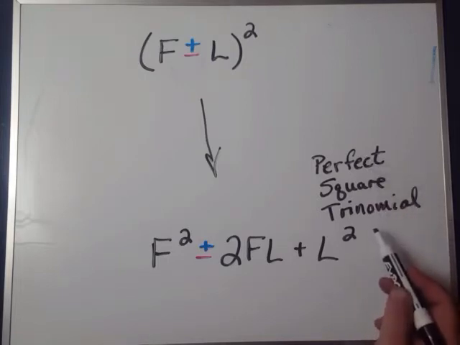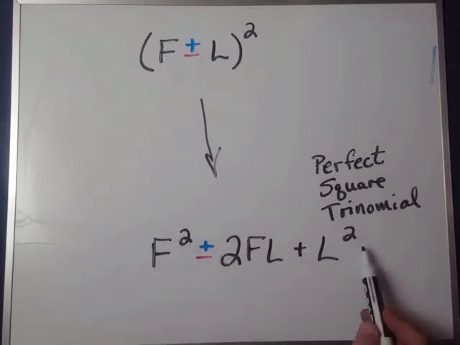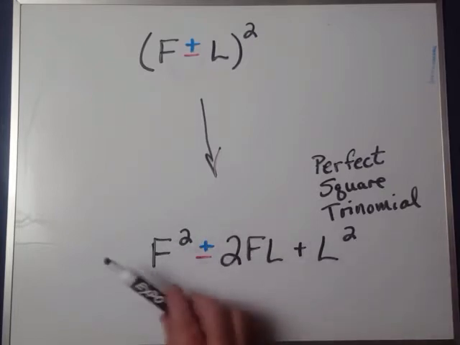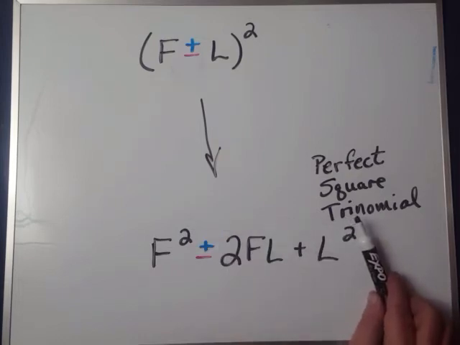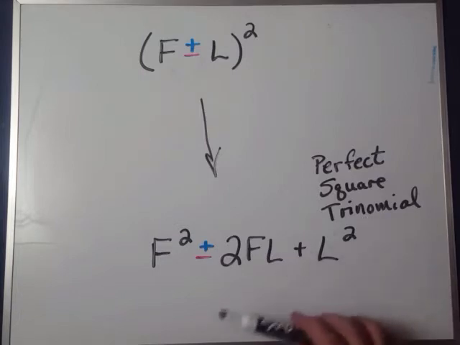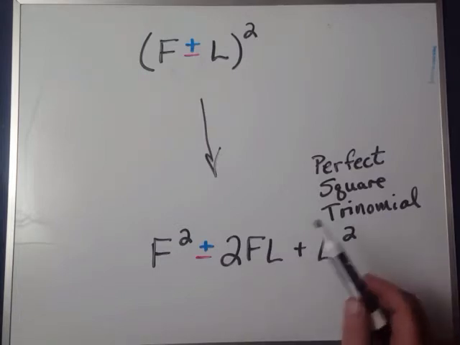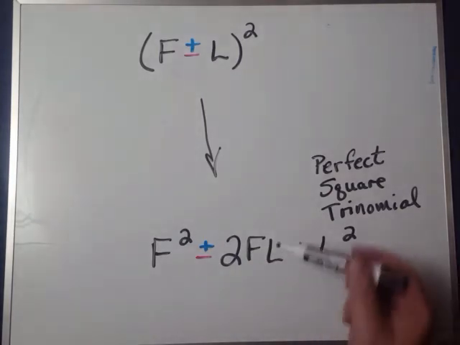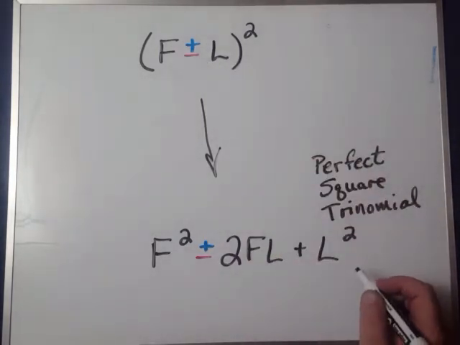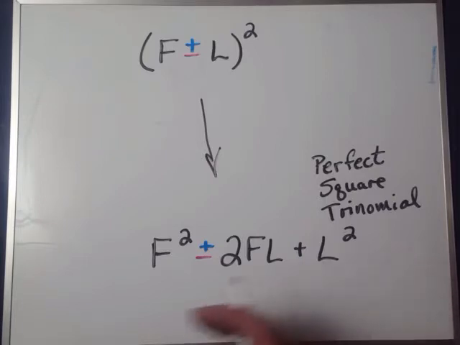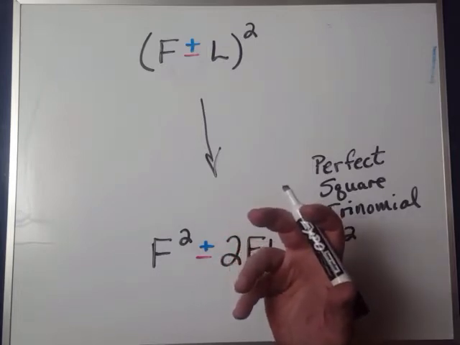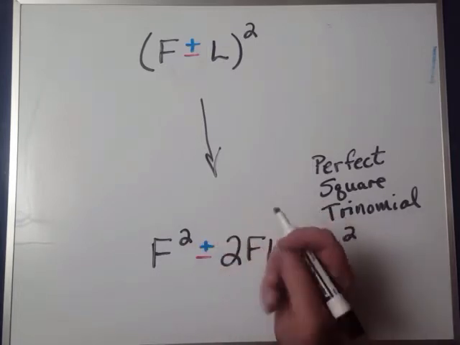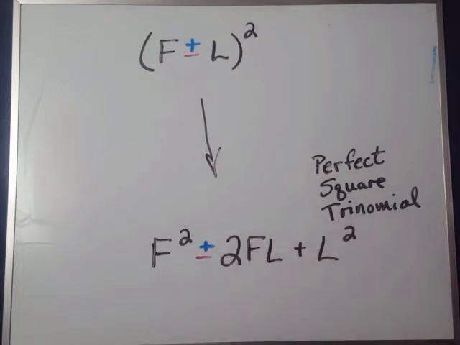Not only do you need to be able to recognize a perfect square trinomial in Chapter 5, but next semester you will be given part of a polynomial and be asked to change it into a perfect square trinomial so that you can do that backwards thing that we're going to do in Chapter 5, and you can put things like the function of a parabola or the equation of a circle in a certain form that's going to help you.